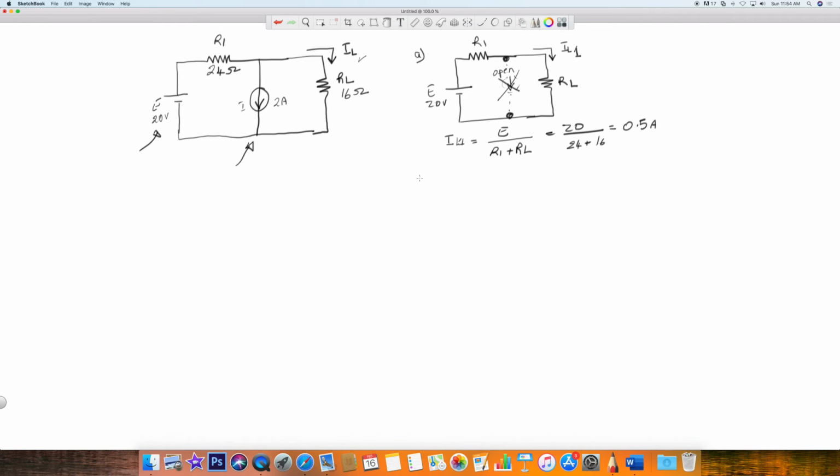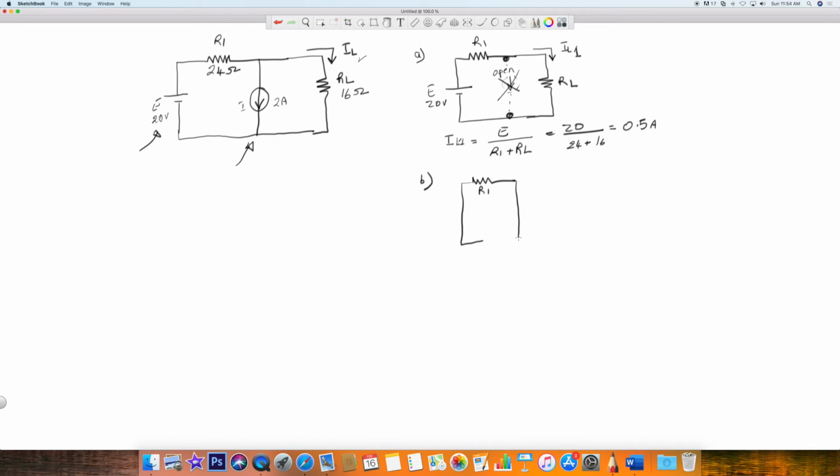Okay, so now, part B. This time, you will leave the current source in place, but you will short the voltage supply. So there, here's our short. Keep R1 here if you want.